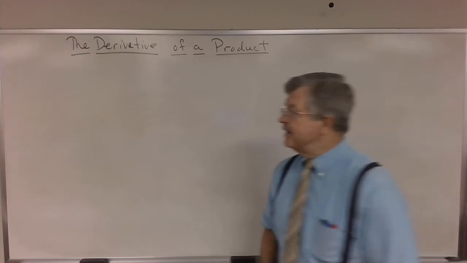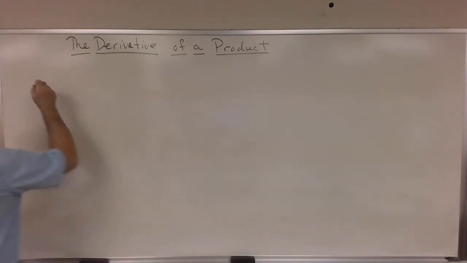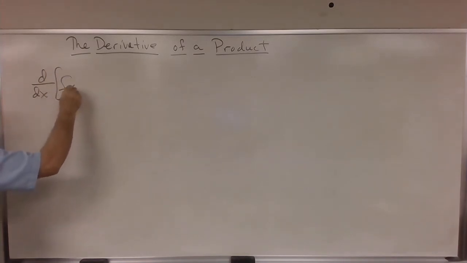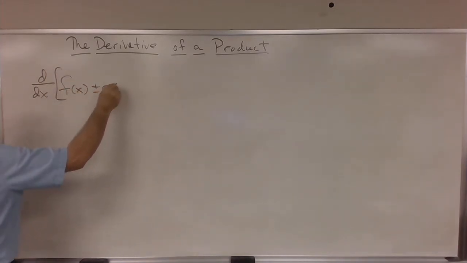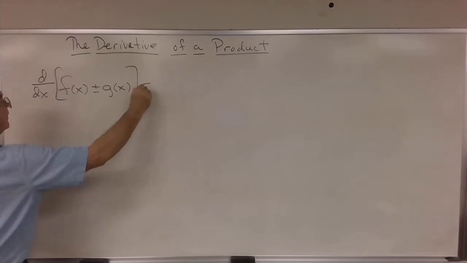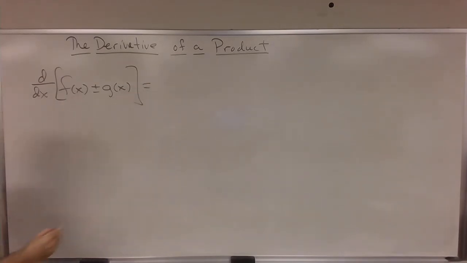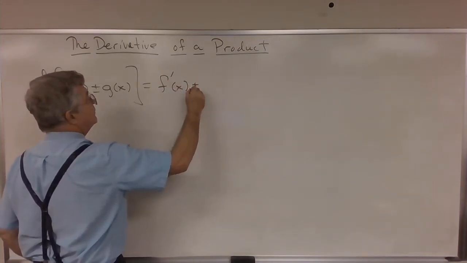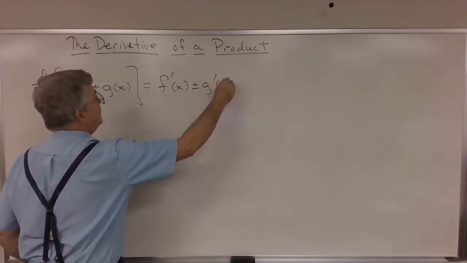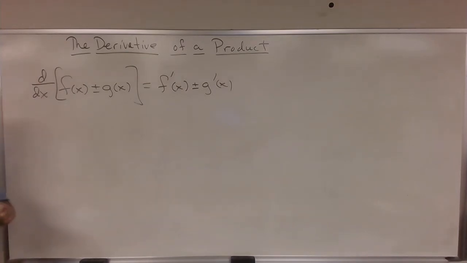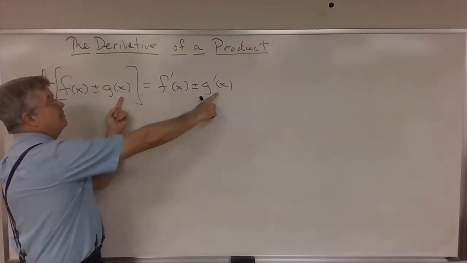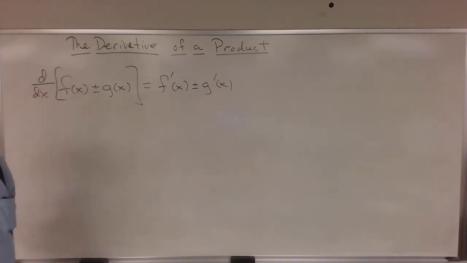The derivative of a sum or difference, let's see, f of x plus or minus g of x, is equal to the sum or difference of the derivatives. So in other words, if we have the derivative of a sum or difference, we compute the derivative of the first term, and we compute the derivative of the second term, and so forth.